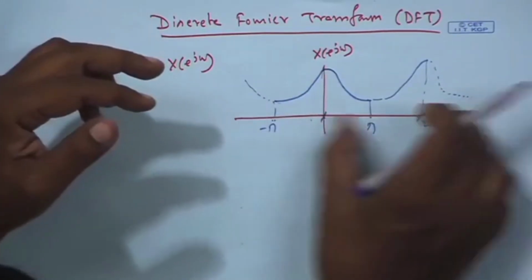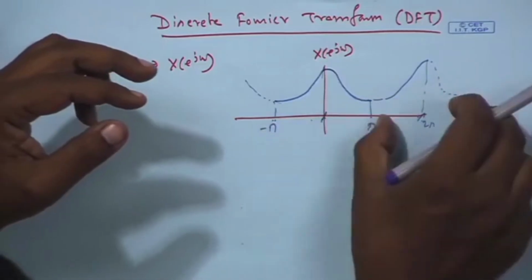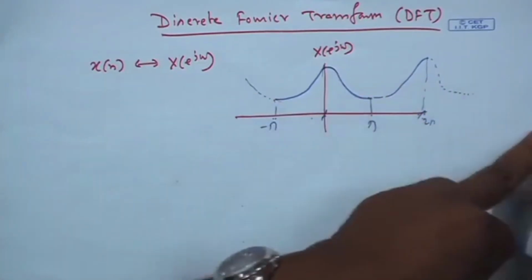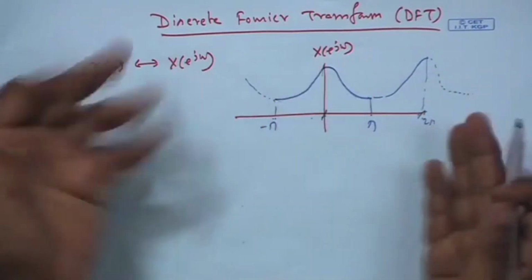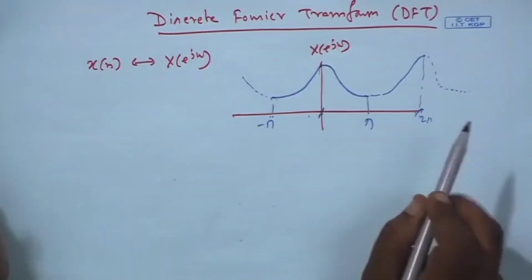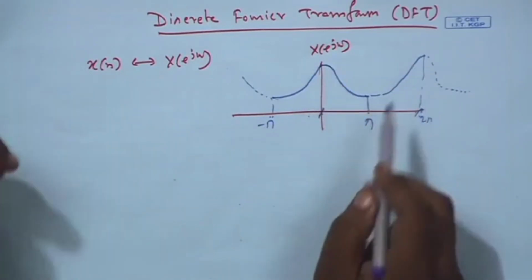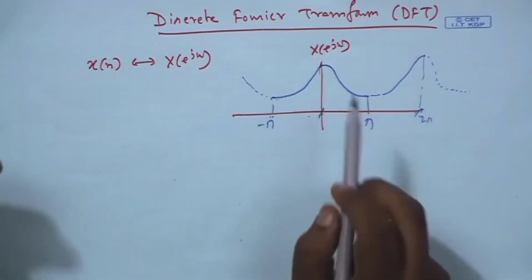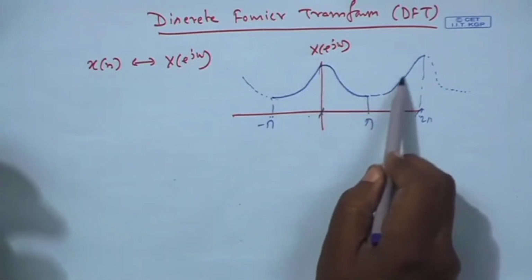If this is the period, you go on repeating it; if this is the period, you go on repeating. You get the same thing. It does not matter how you choose your period. The period is 2π. But whether you choose this or this, the entire waveform envelope is required.